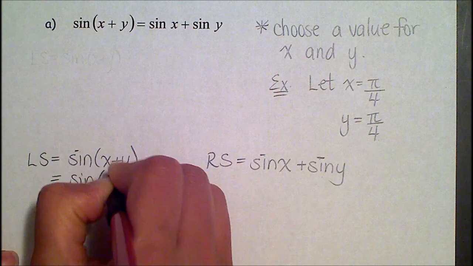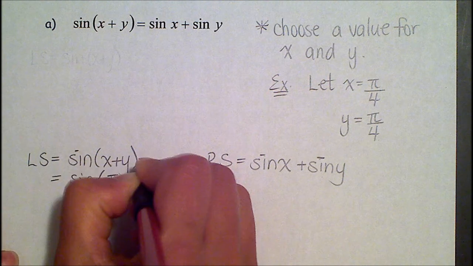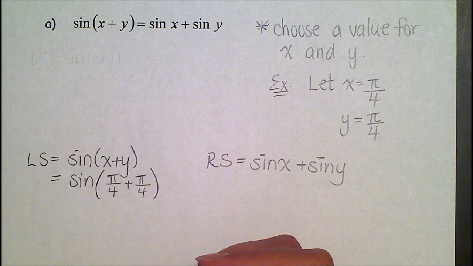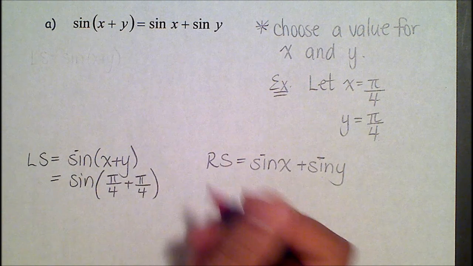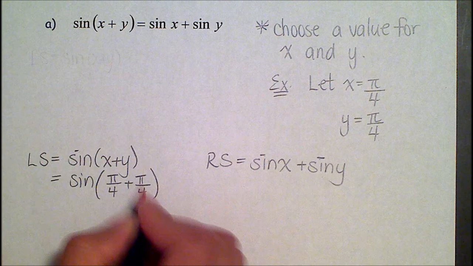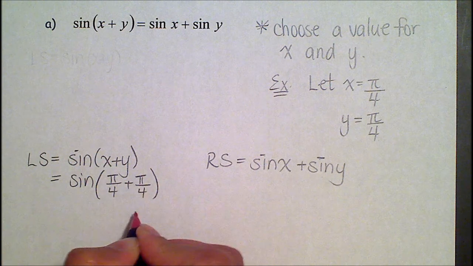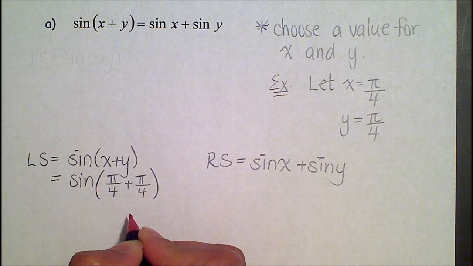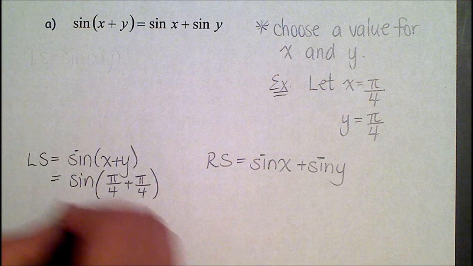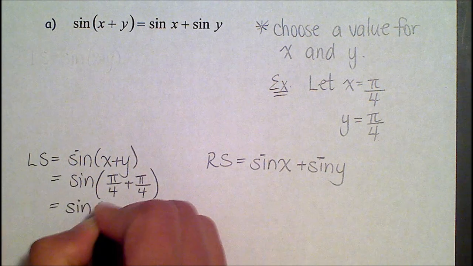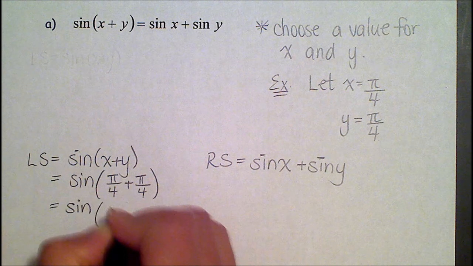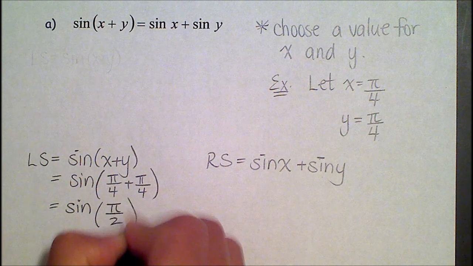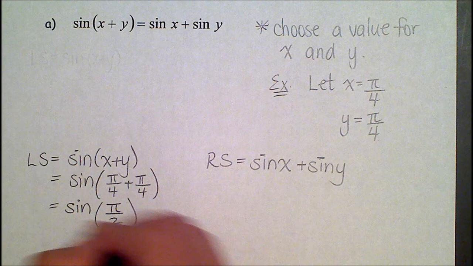So I can either use my double angle formula or my compound angle formula to do this, or what I could do is just add up the angles together, which in this case would just be pi over 2. And so the sine of pi over 2, if I'm looking at my angles, this would actually be positive 1. Okay, so what that means is the left side is equal to positive 1.